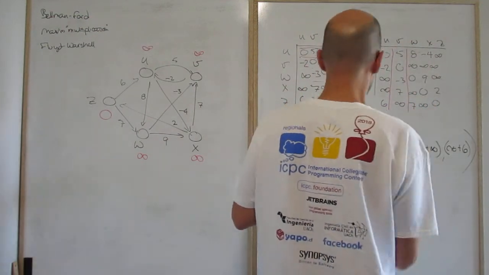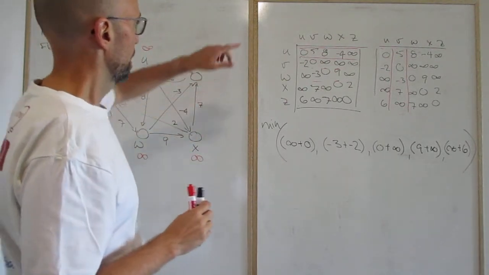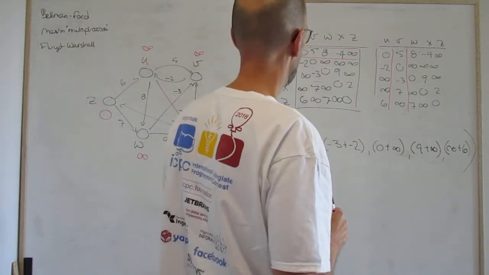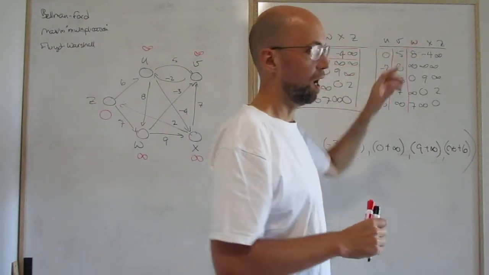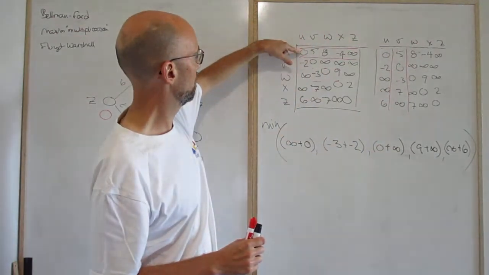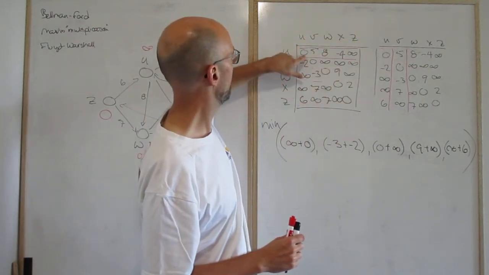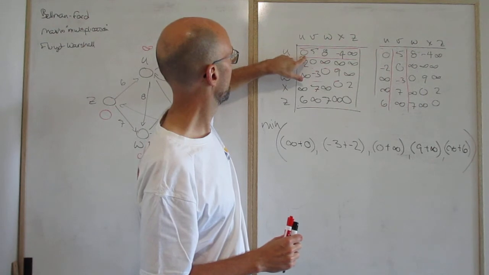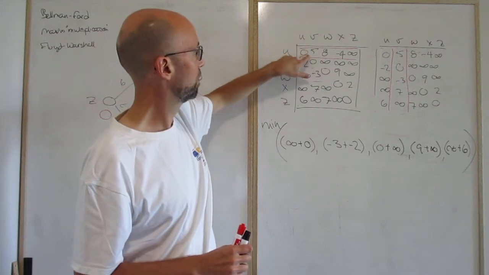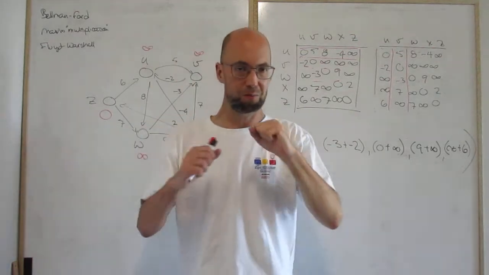Okay, let's do U to V. We can go from U to V, and, oh no, this goes U to U. U goes to U, so U sits, we don't move.